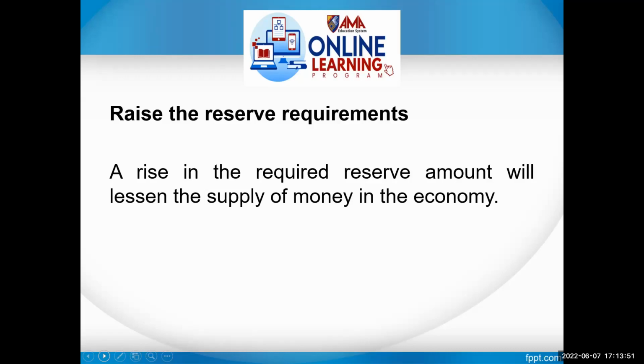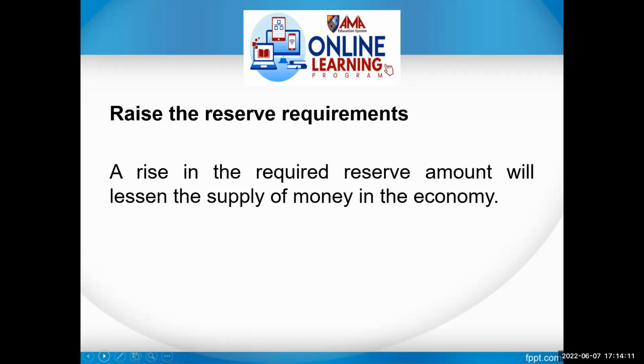For instance, with a reserve amount of 10 billion, when we make it 11 billion, what will happen?